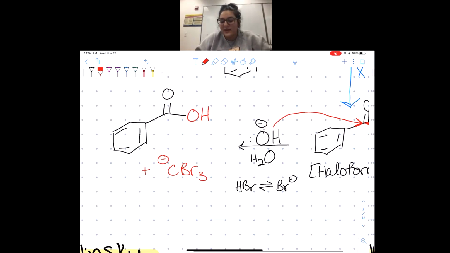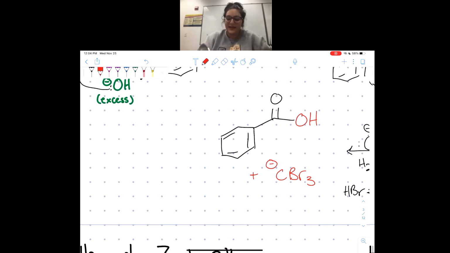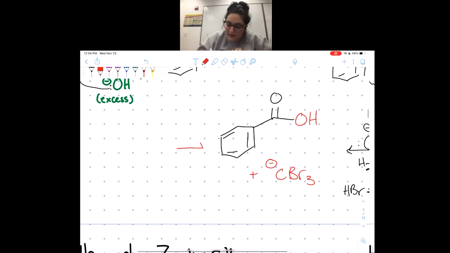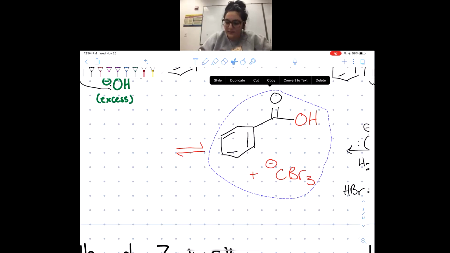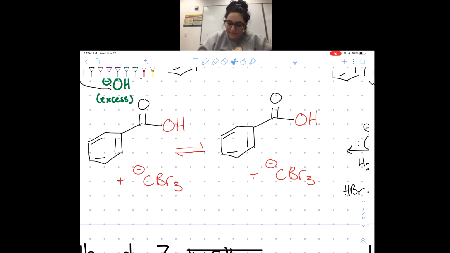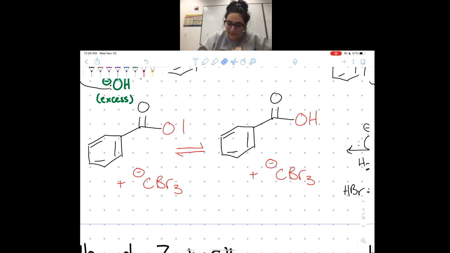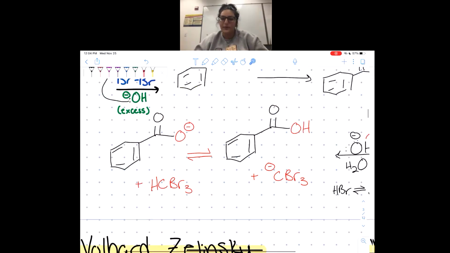And the only reason I even give you the byproduct is because technically this product is at equilibrium with this. All this means is he could give you the carboxylic acid protonated or deprotonated. Both of those would be a correct answer for the product of this reaction.